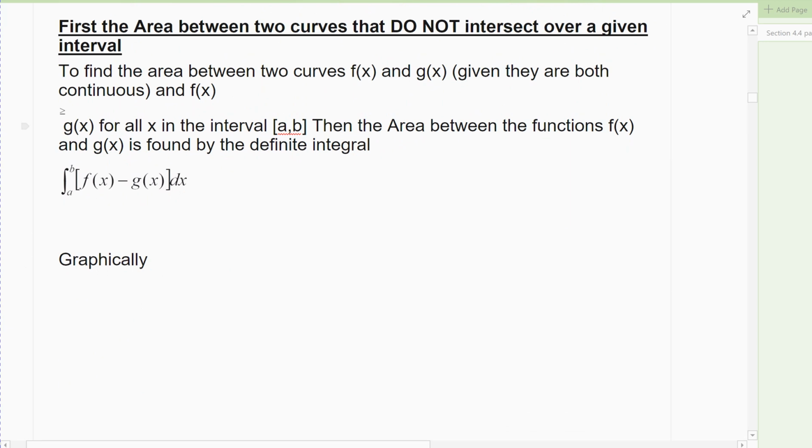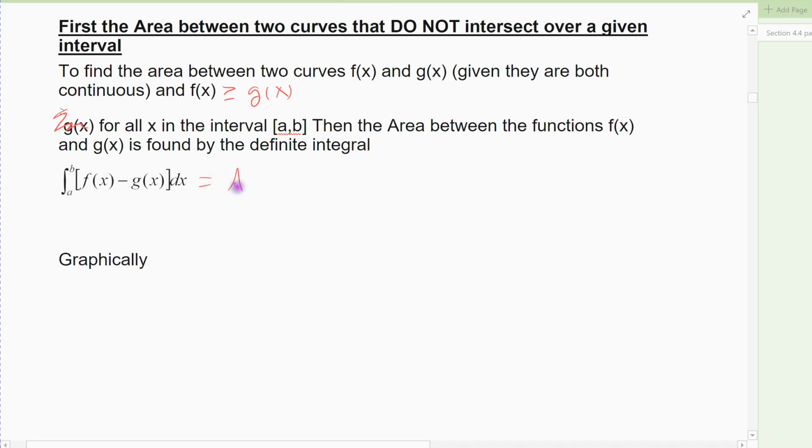To find the area between two functions, given that they're both functions, and f of x is greater than g of x for all x in the interval a to b. Again, if they don't intersect, one function has to be bigger than the other over the interval. Then the area between the functions is found by taking the bigger function minus the littler function over the interval a to b.